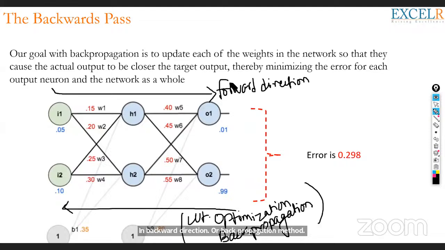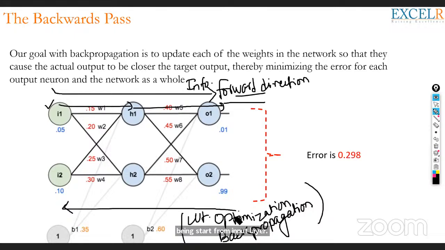That means all the calculation starts from the input layer through the hidden layer to the output layer, and the weight optimization starts from the output layer to the hidden layer and then towards the input layer.